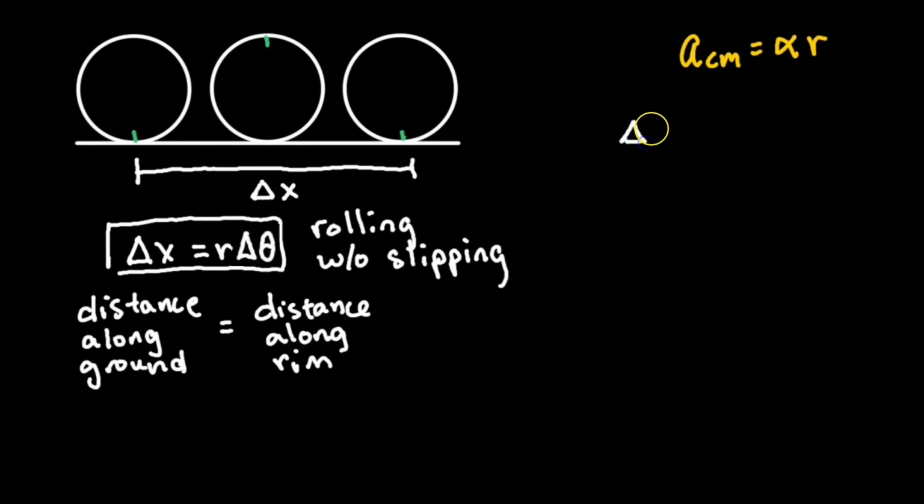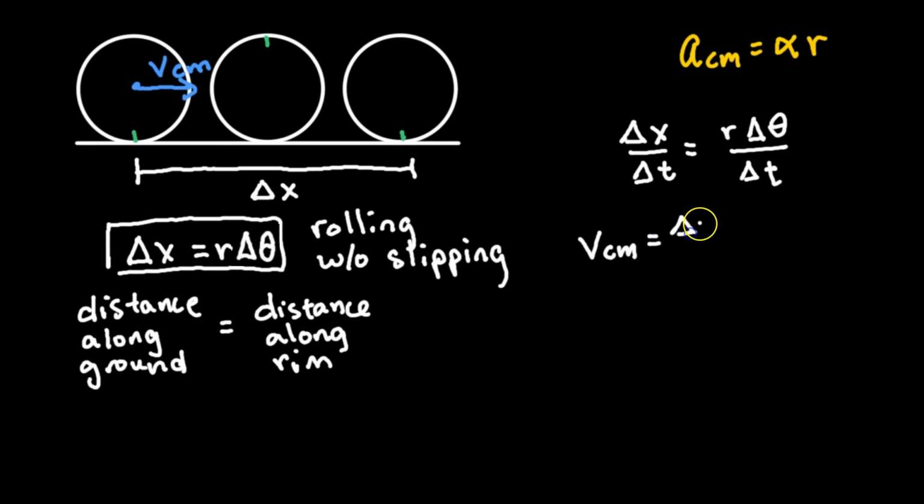Now, what if we were to divide by delta t on both sides of this equation? Well, we would get delta x over delta t is equal to r delta theta divided by delta t. Do you remember what delta x over delta t is? That should look familiar. That's just velocity. And since delta x is the displacement of the center of mass, the velocity we get here is the velocity of the center of mass.